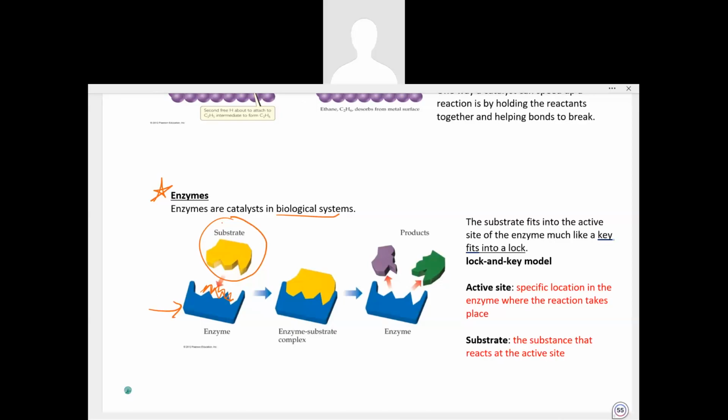So when the substrate combines with the enzyme, it enters the active site, the specific location within the enzyme where the reaction takes place. We see this transition occur, and then finally, the enzyme is not consumed, that's returned at the end, as any catalyst is, and our products are produced.